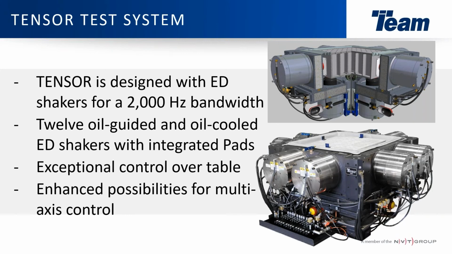Again, it uses sort of the same technology as the cube, with the ED shakers in there. It's essentially the cube with the pad bearing assemblies pulled onto the outside of the table structure to reduce that moving weight and provide a smaller area to allow higher frequency response.